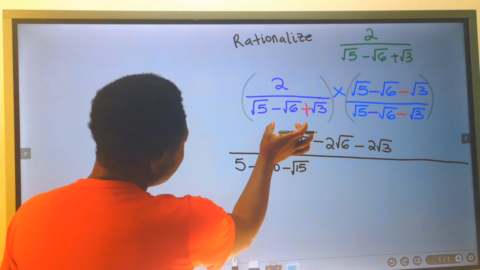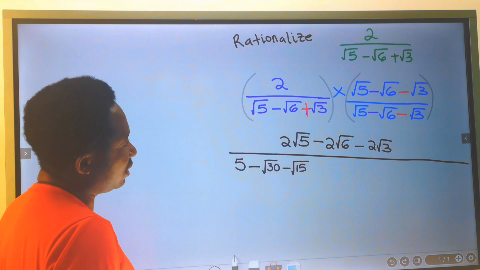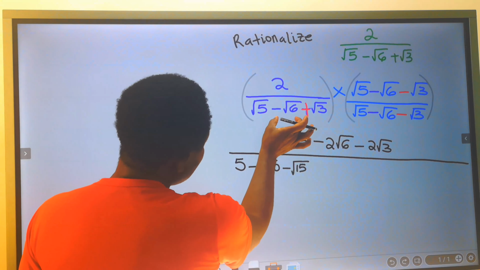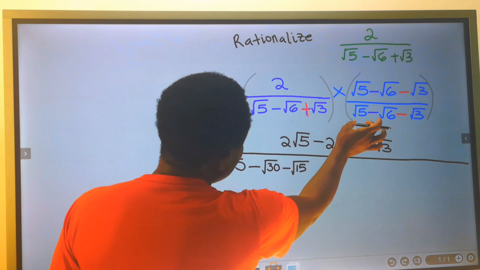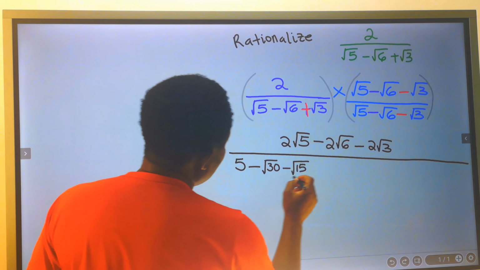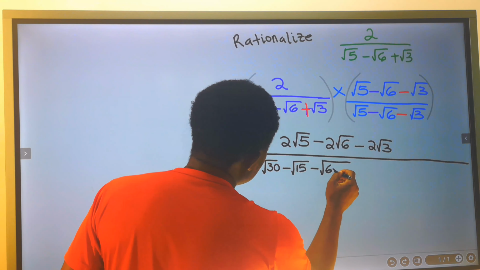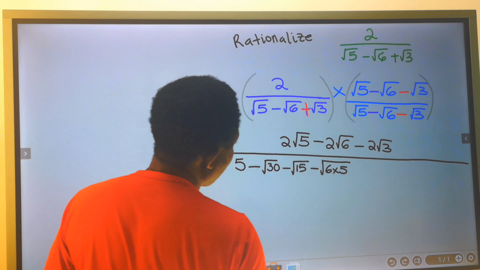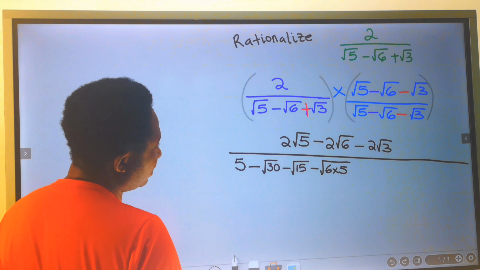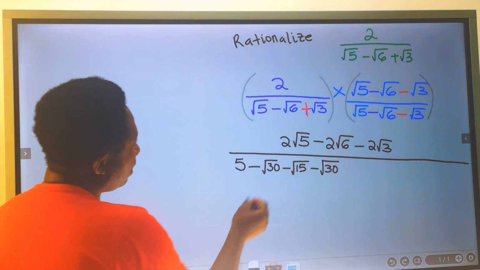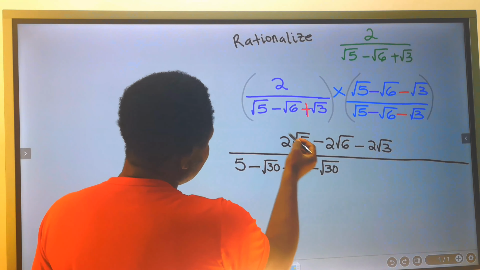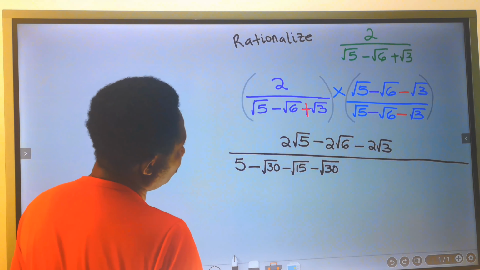Next, we're going to consider minus the square root of 6. Minus the square root of 6 will multiply this square root of 5. We're going to have minus in the square root 6 times 5. And we're going to have the square root of 30. Next, minus the square root of 6 will multiply minus the square root of 6.